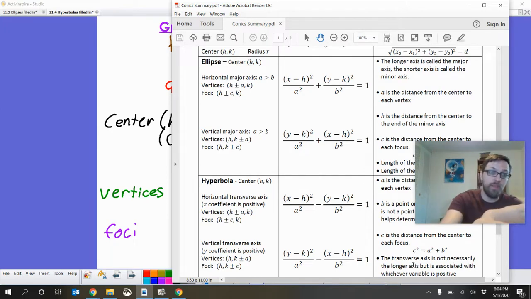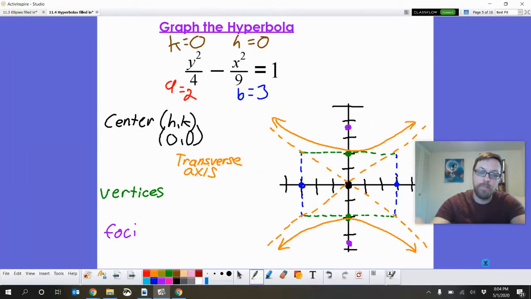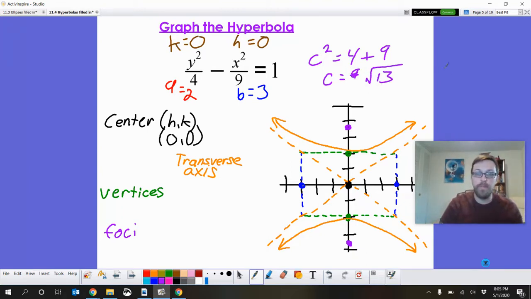So c squared equals a squared, 4, plus b squared, which is 9. So c is just the square root of 13. And that's telling us our distance from the center to the foci.